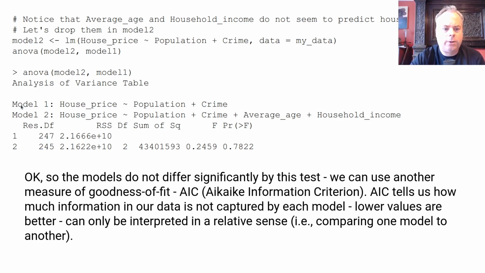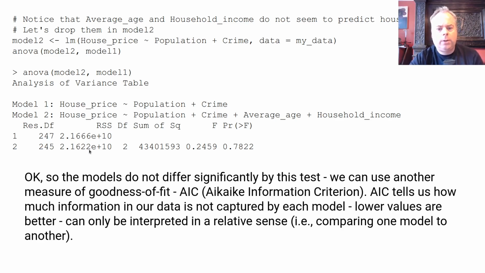This is slightly counterintuitive because the labeling actually swaps on the output, so just be careful with that. So this first model is our 2 predictors. The second model is our 4 predictors. We can see that the F ratio between the two suggests there's not a significant difference between our 2 models. The second model with the 4 predictors has slightly smaller residuals associated with it.